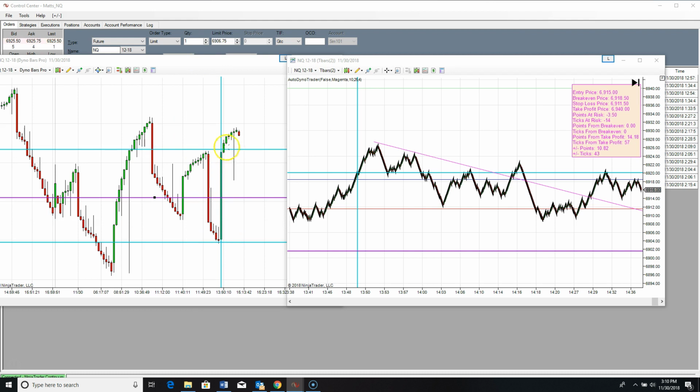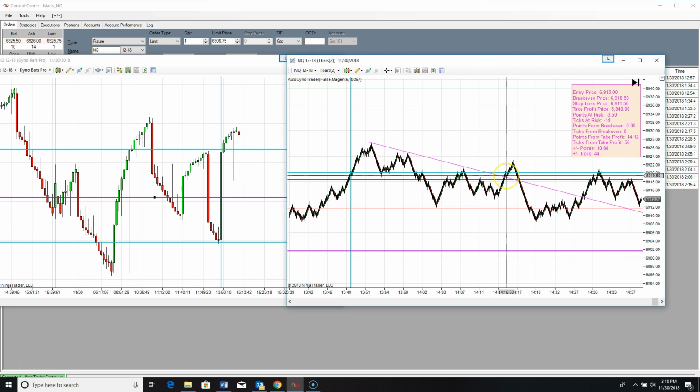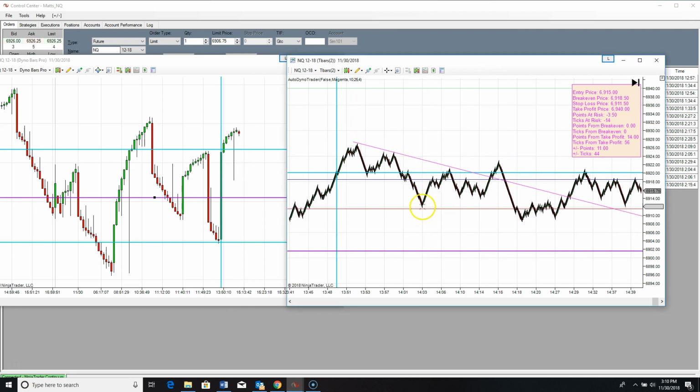We had our long bar come in. Price did come back and retrace a bit. I did try to take some entries, I believe right around this area.